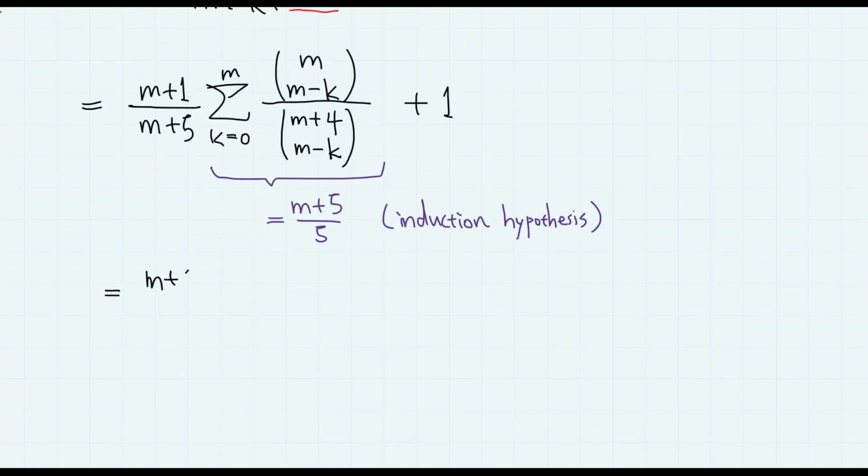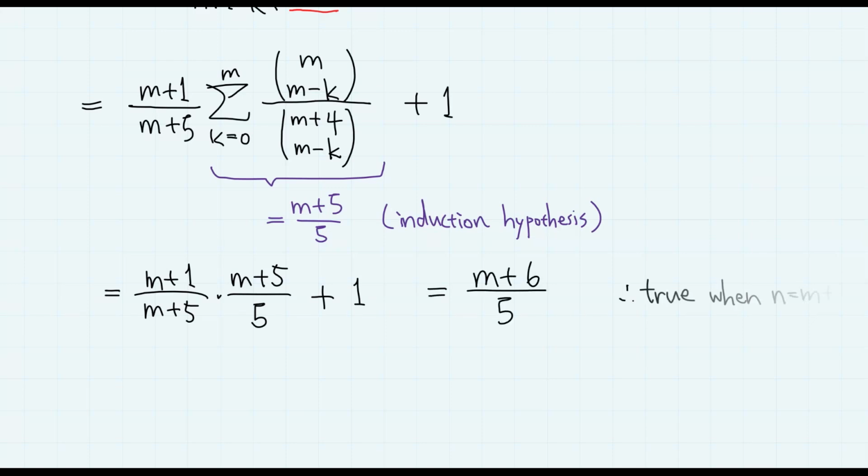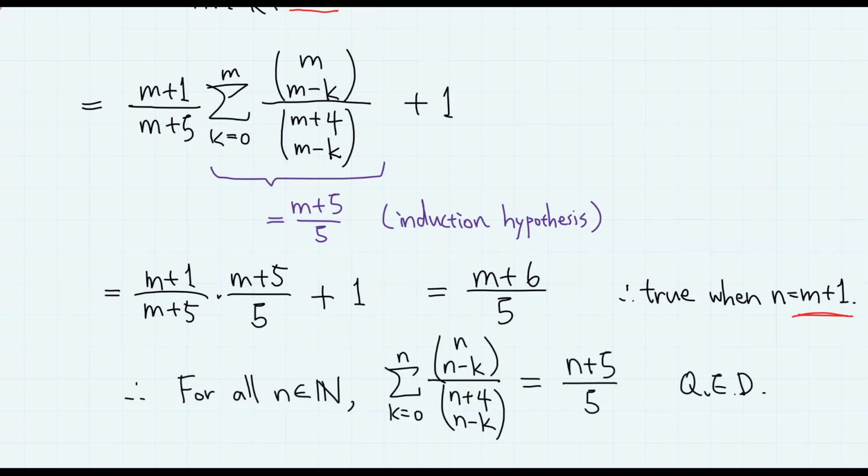So we have m plus 1 divided by m plus 5 times m plus 5 divided by 5 plus 1, which gives m plus 6 over 5. Therefore, our guess is true when n equals m plus 1. Therefore, our guess is true for all natural numbers n.